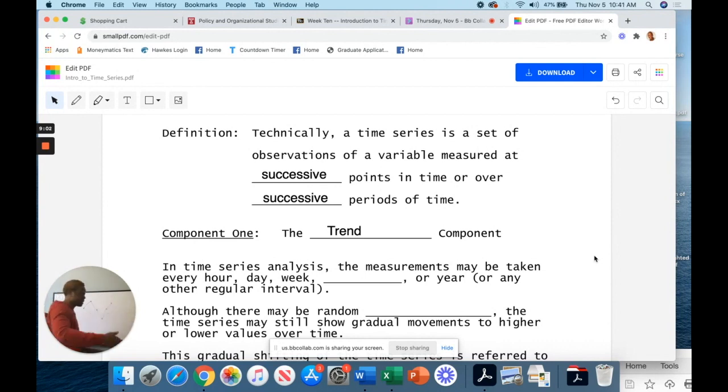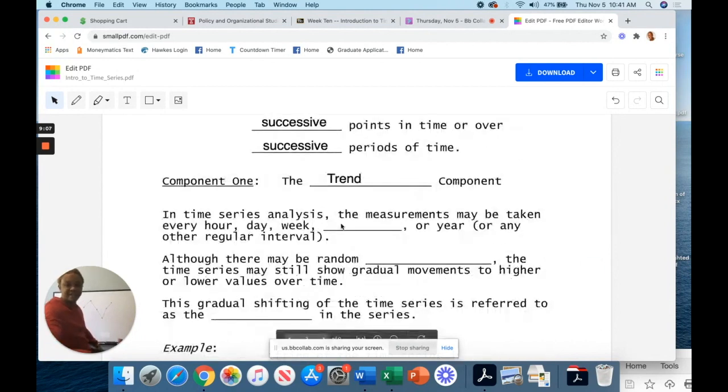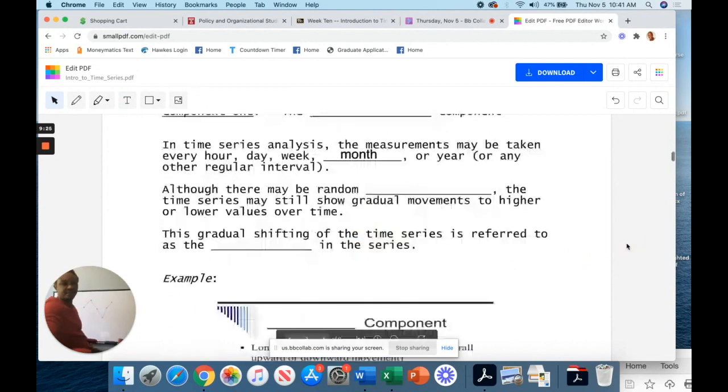So in time series, the measurements are taken every hour, day, week, month, or year. It could be seconds, right? As long as you have the same consistency that you're measuring, it could be every quarter. So you have some notion of time there.